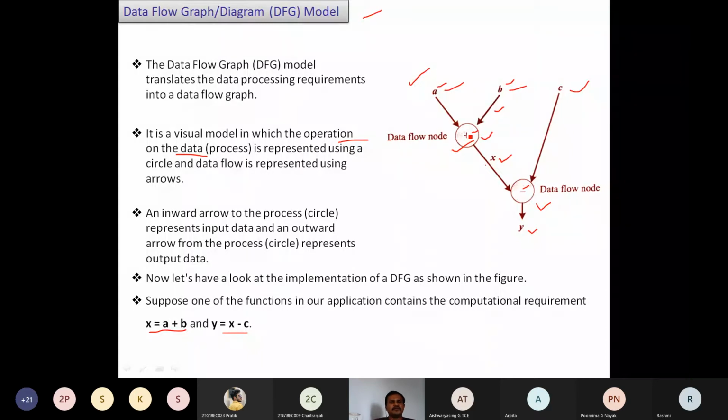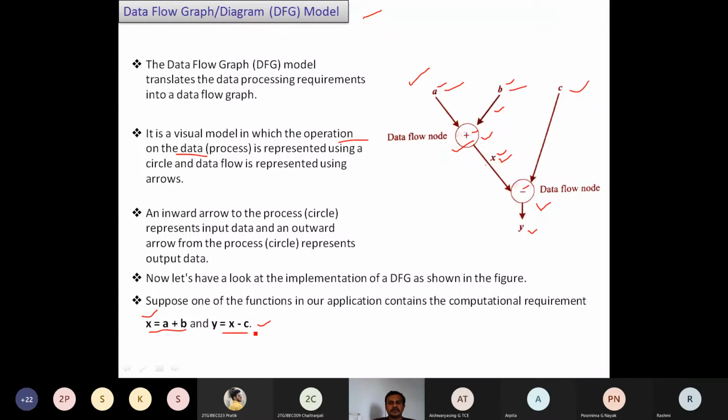It is going to perform addition of A plus B, and it is going to generate the output according to this mathematical equation. X is the output, so we are going to represent that as the outward arrow mark from that circle. That is the X label. Okay, so at this point this output arrow mark is representing X equal to A plus B.